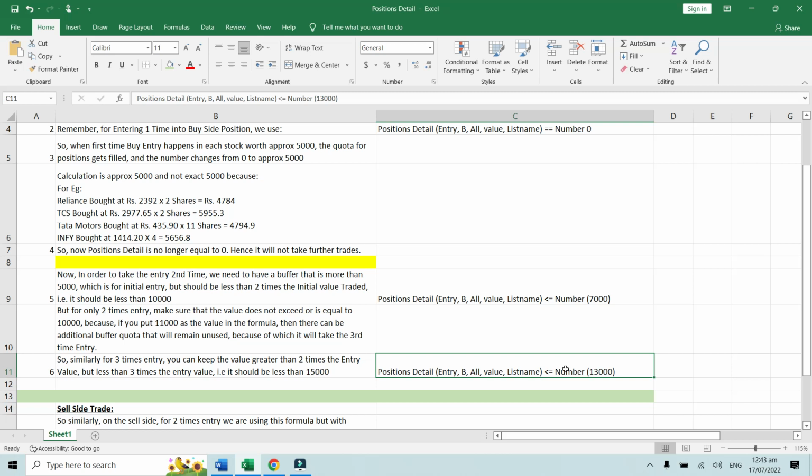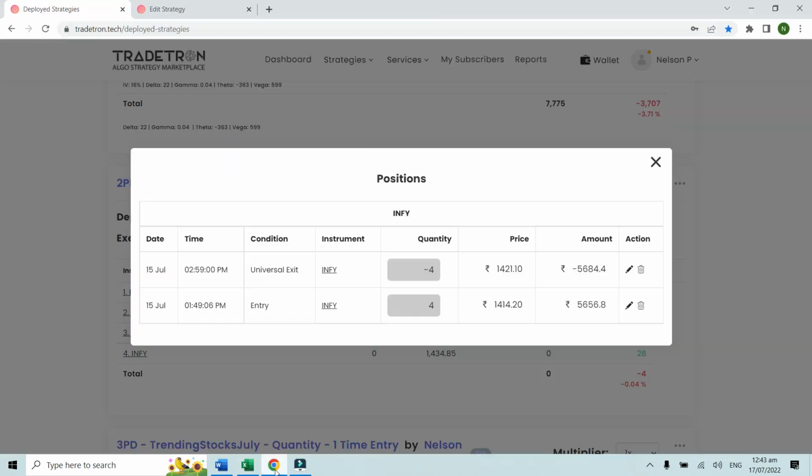So once the limit is complete, it should not take the trade anything more than that. After it takes the trade the third time, the position detail value will automatically be recorded as around 13 to 15,000, right? So it will not take the fourth trade. So that's the reason why we restrict the trade this way in case of restricting the trade based on value. So I will just show you the trades that have happened.